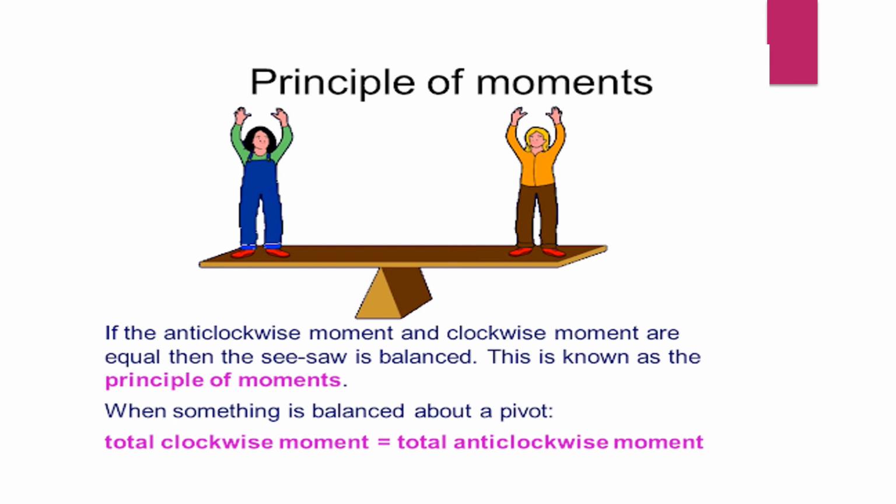So how are we going to balance ourselves? This is the question of the day: how can we balance ourselves on the seesaw if my weight is 30 kg and the weight of my friend is 40 or 45 kg? When something is balanced, the total clockwise moment equals the total anti-clockwise moment.